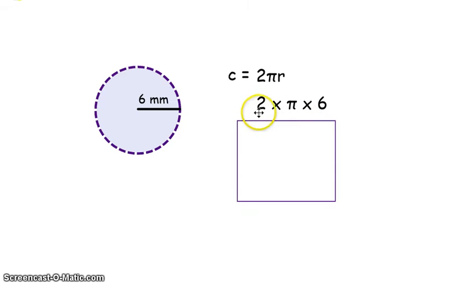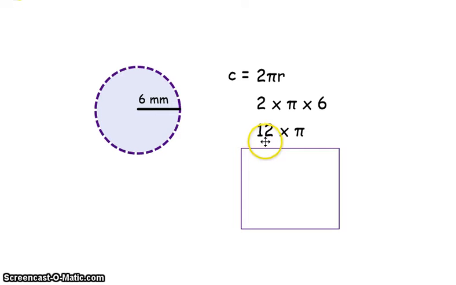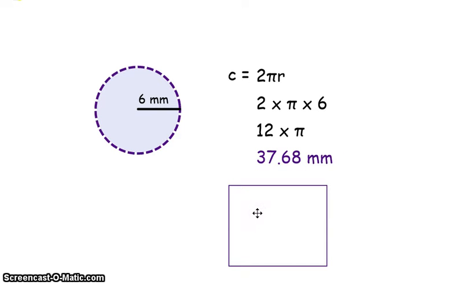Well, we can multiply 2 times 6 easily. We get 12. Now we have to multiply 12 times 3.14, which is the approximation of pi. 12 times 3.14 is equal to 37 and 68 hundredths millimeters.